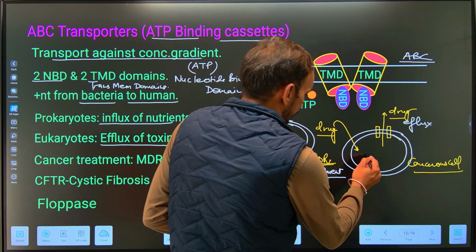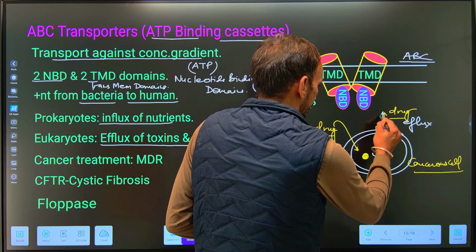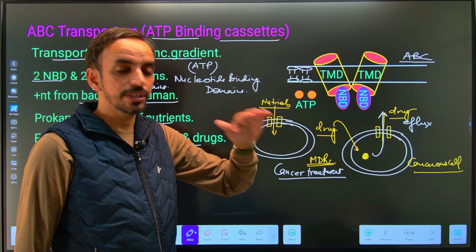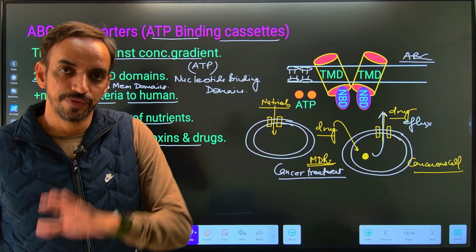Now within the cancerous cell, this drug will be effluxed by these ABC class of transporters, and these transporters reduce the effectiveness of that particular type of drug.